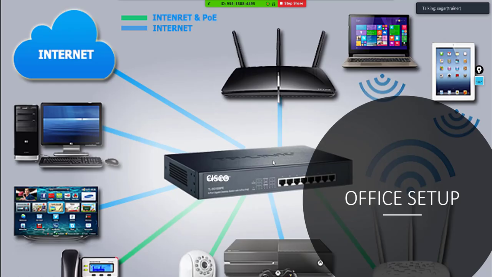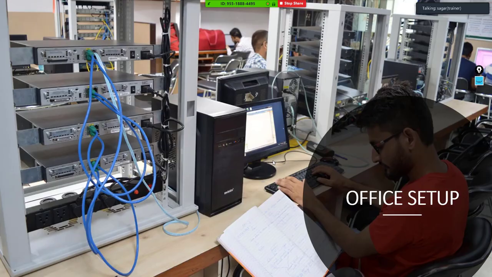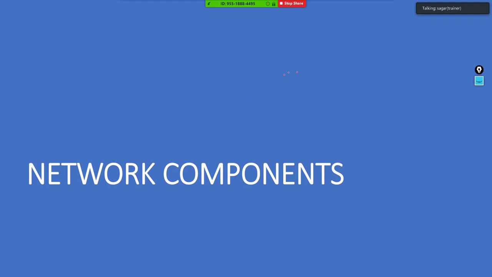So what contributes to network components? Let me write a few network components that are used at enterprise level. We have a Cisco router, a Cisco switch, firewalls, and users who make use of laptops and computers.